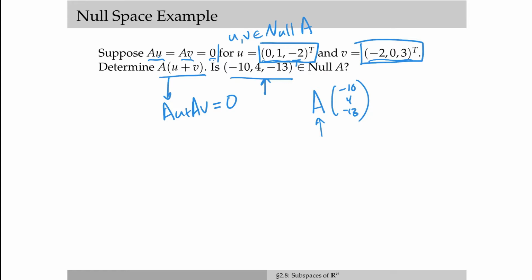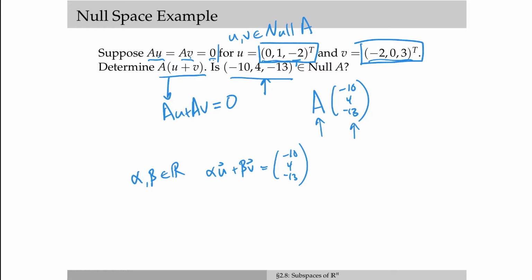So think about this. I know that the null space of A is a subspace. So that means that it is closed under scalar multiples and sums. So that means if I can find some alpha and beta that are real numbers, such that alpha times u plus beta times v equals -10, 4, -13, then I can definitely say that this particular vector is in the null space.